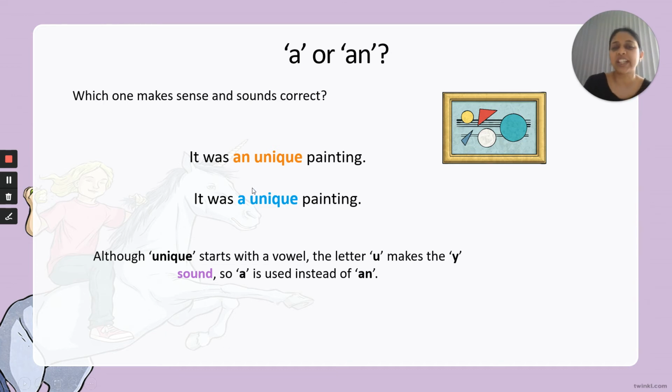So it was an unique painting, or it was a unique painting? Now, this word starts with a U sound. Okay, it's not unique, but yoo-nique, so it has a Y sound to it. The word unique has a Y sound, and we know that Y is a consonant, so that's why we say it was a unique painting.